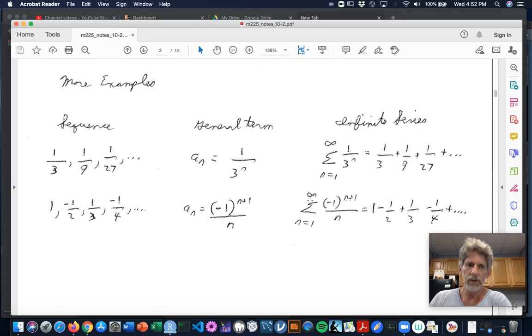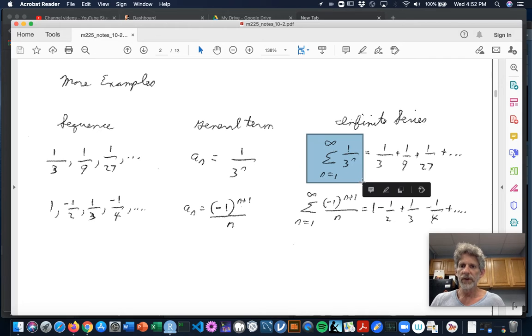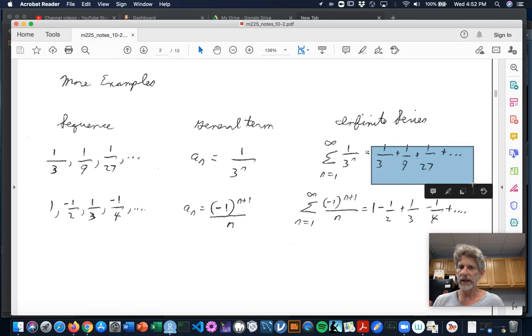Okay, so whenever you have a sequence, you can form an infinite series from it. So for example, take this sequence here, 1 over powers of 3, general term is 1 over 3 to the n. So you could form this infinite series. And it is thought of like this: 1/3 plus 1/9 plus 1/27 forever.